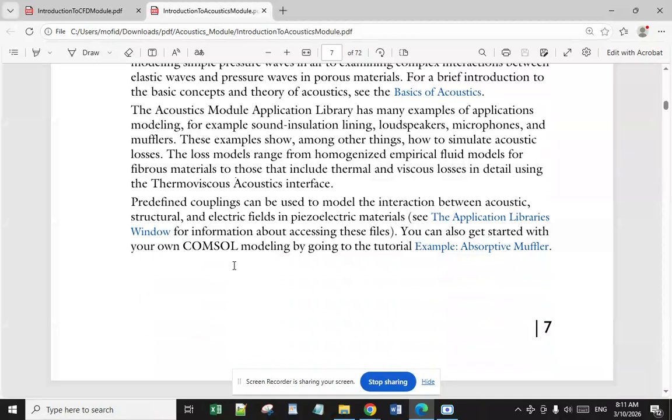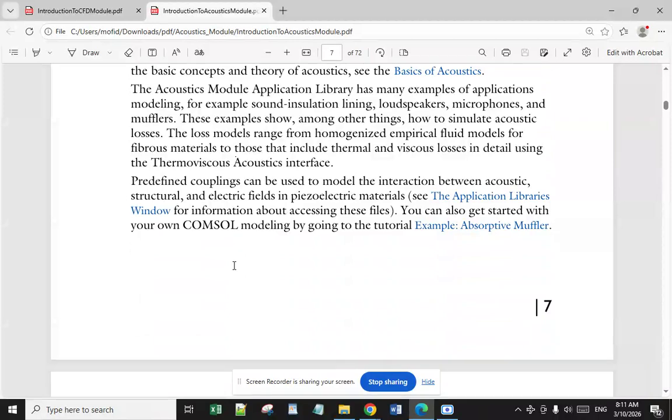Predefined couplings can be used to model the interaction between acoustic, structural, and electric fields in piezoelectric materials. See the Application Libraries window for information about accessing these files. You can also get started with your own conceptual modeling by going to the tutorial example Absorptive Muffler.